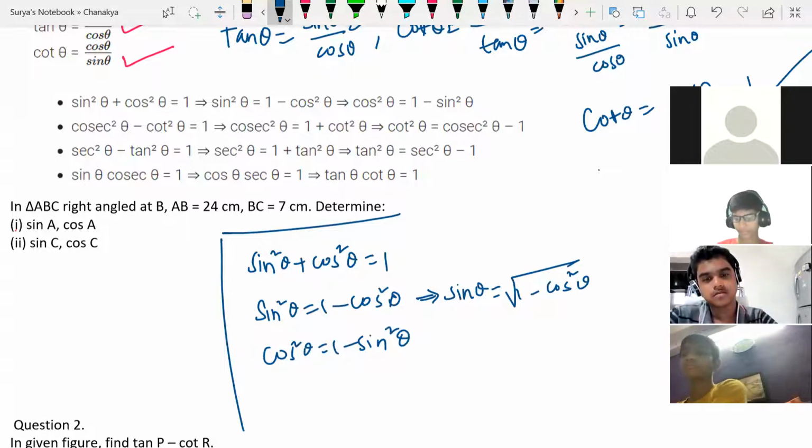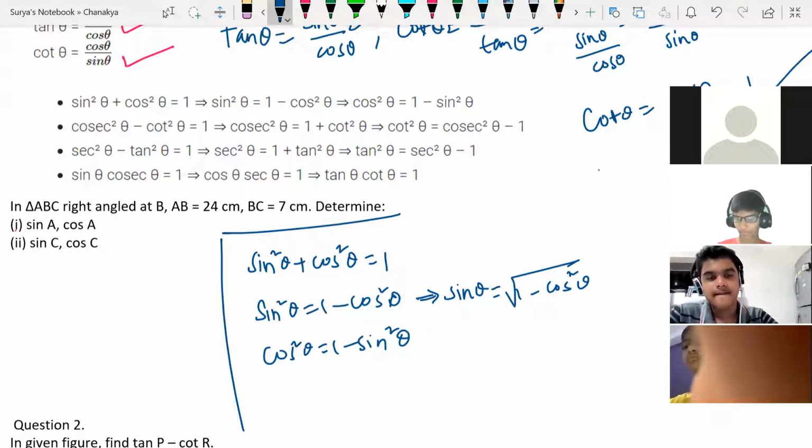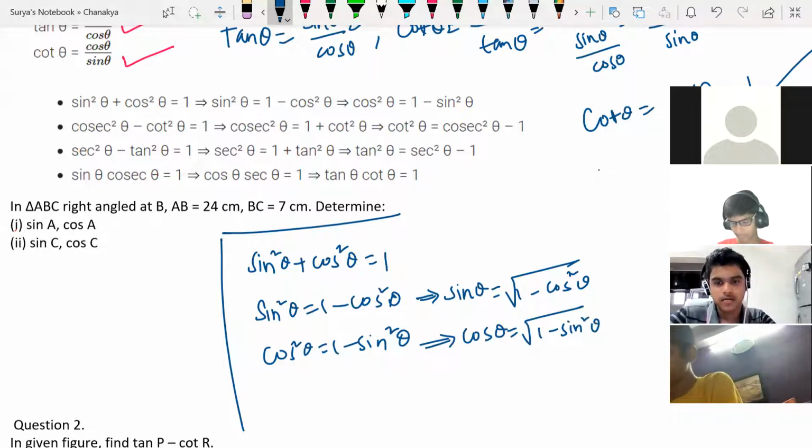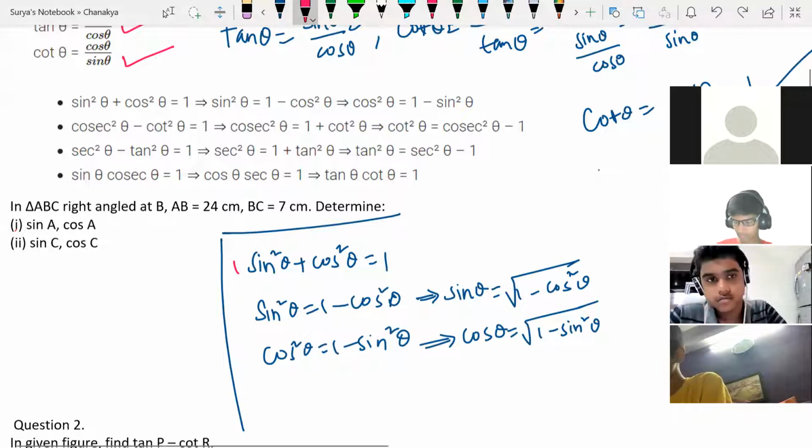Yes or no? Now again, cos theta can be written as how? Square root of 1 minus sin square theta. This is property number 1. From property number 1, this I can write. Clear?